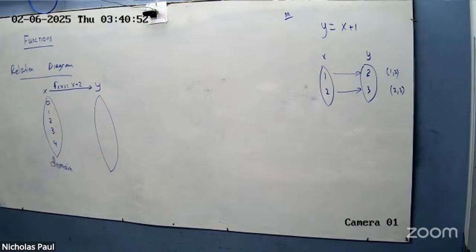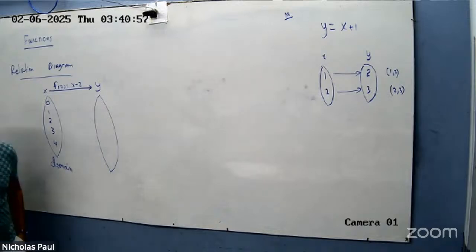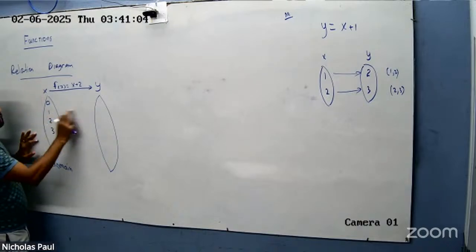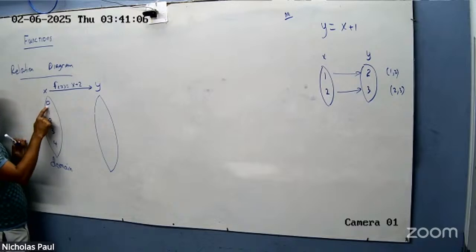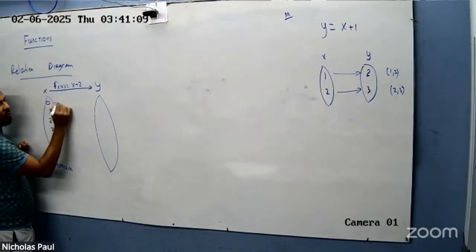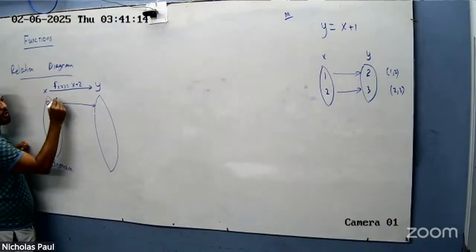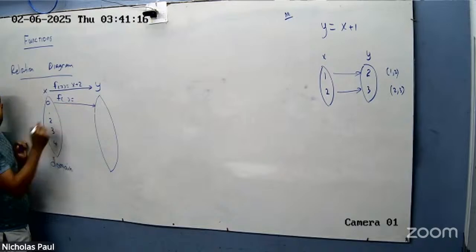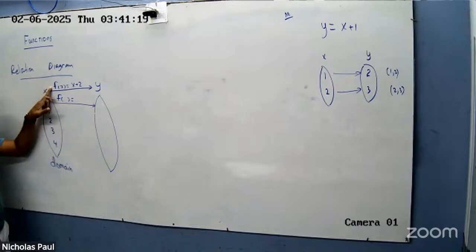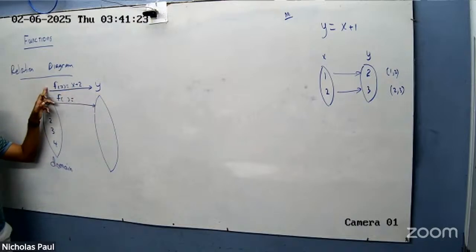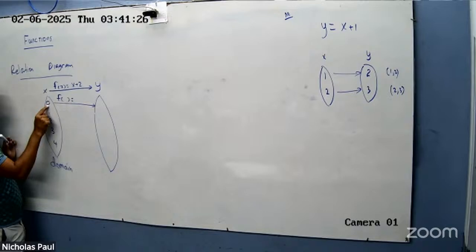Right, so watch here. Ready? So we're going to take all these x values and we're going to get a mapping for each one of them. So for example, 0, for me to figure out what 0 is mapped to, I am going to use this function here. You're seeing this? So this function tells you whatever x is, I can figure out what y is by using this function here. So if x is 0, I'm going to put 0 in here.